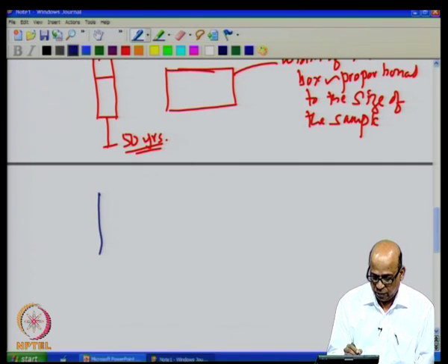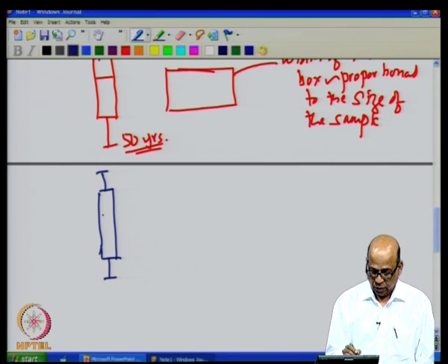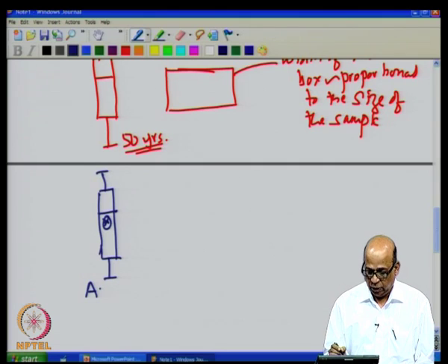Let us say I have a time series whose box plot is something like this. We will assume that the outliers are not there now, and then you have a 50-year sequence, the 50th percentile, then you have a mean here. This is at location A or time series A, let us say.